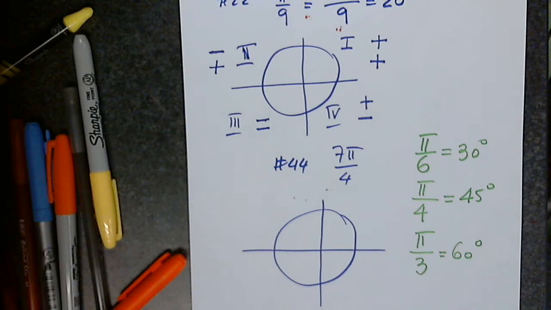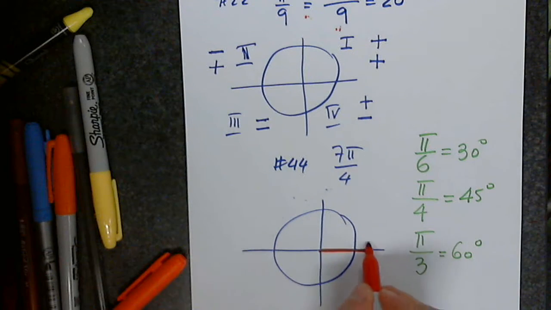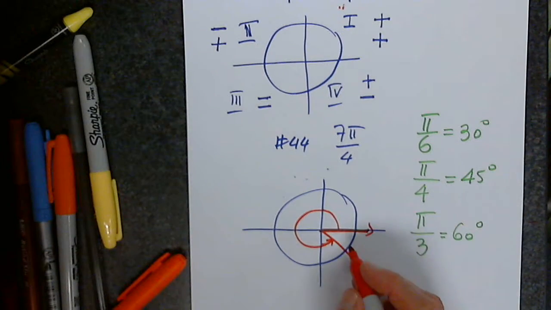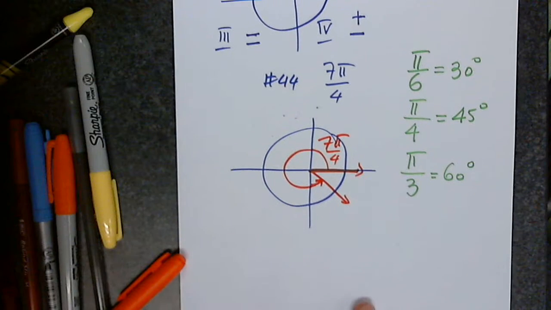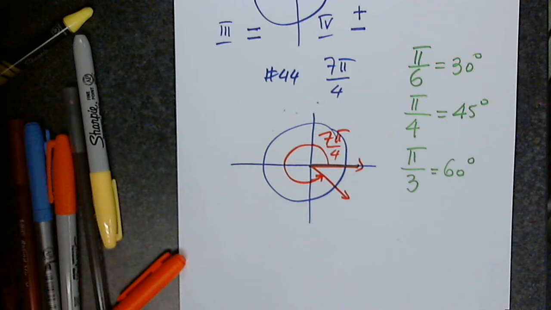Which quadrant will that be in? In the fourth one, right? So this is the initial side, and this will be the terminal side, right in the middle. So this must be 7 pi over 4. Every time we talk about pi over 4, just remember there are 2 pi over 4 in each quadrant. 1, 2, 3, 4, 5, 6, 7. Okay.